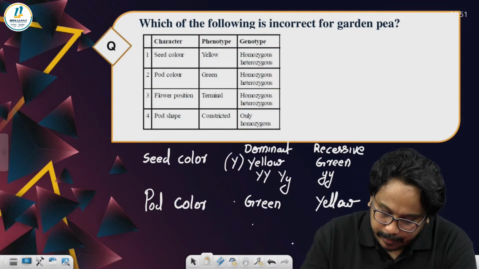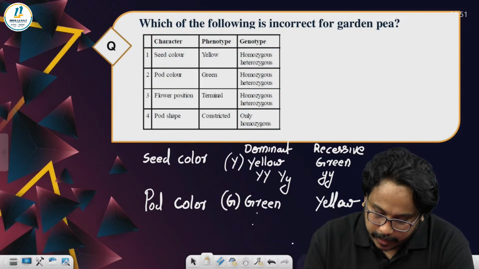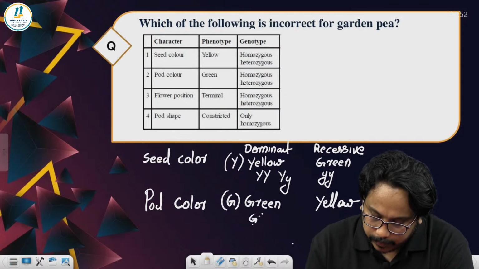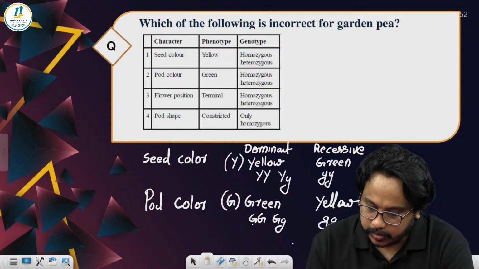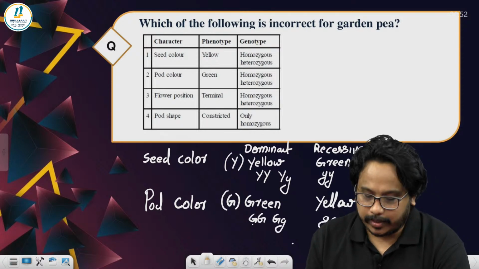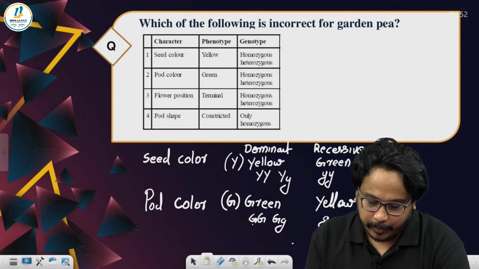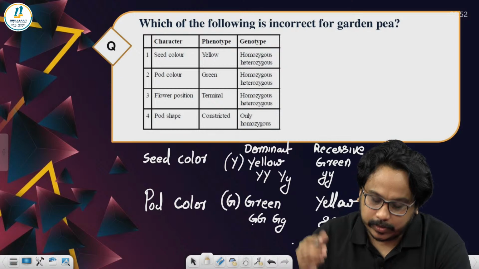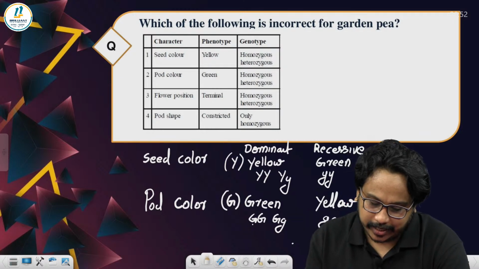So we can use capital G for writing the pod color, either capital G or capital G, small g. For yellow we use small g. So like this we can write the genotype for pod color also. Hope you understood. So the second option is also correct. For green you can use either homozygous or heterozygous condition.